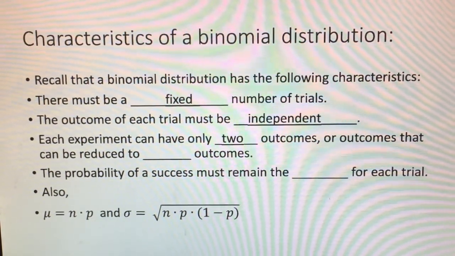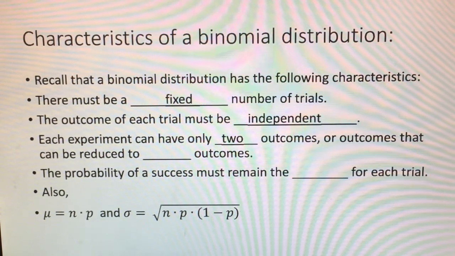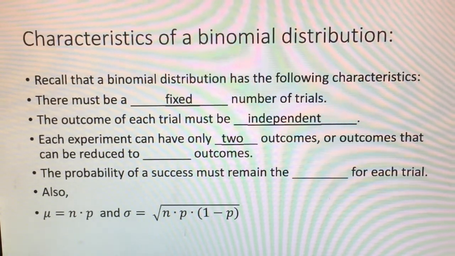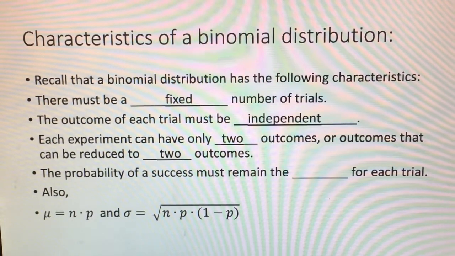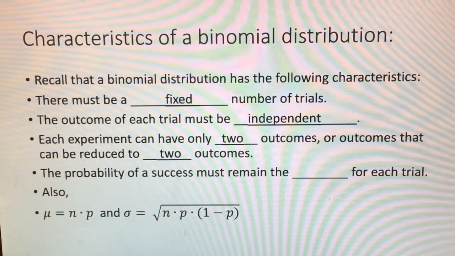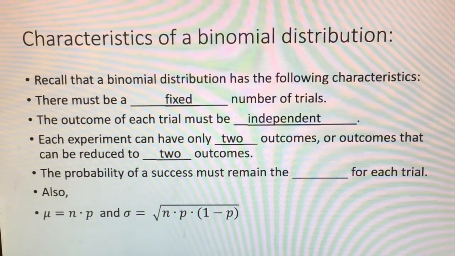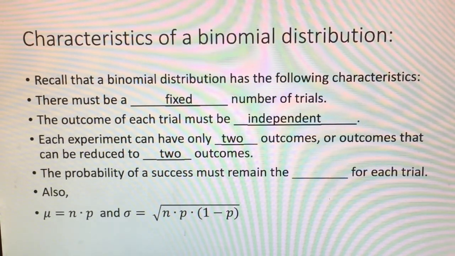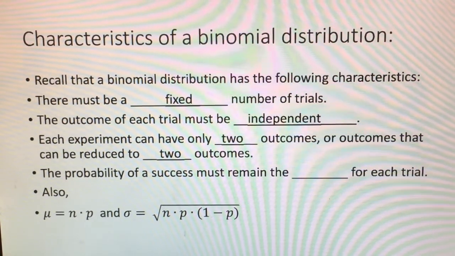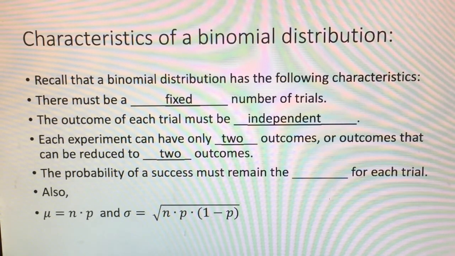The answer is 2 outcomes, or outcomes that can be reduced to 2 outcomes. Binomial, bi meaning 2, right? So when there's just a success or a failure, that is binomial. The probability of a success must remain the same for each trial.